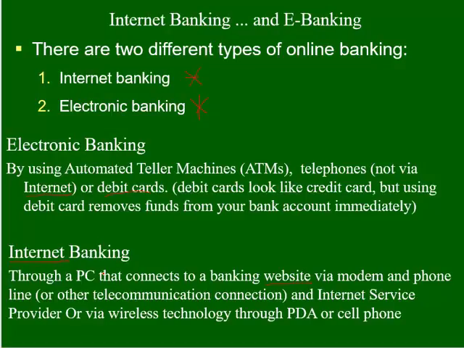Whenever you have internet banking, you are talking about the use of internet facilities, like your modem or the telephone line that is connected with the internet service. Take note of that. But for e-banking, you don't use internet. If you go to the ATM, you use your debit card or your Visa card, and you can just get your money.